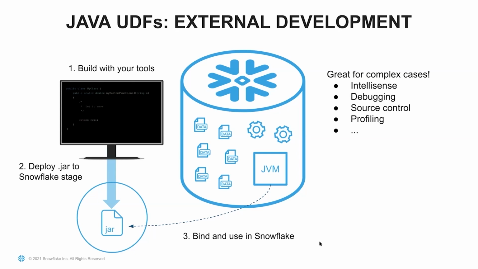We don't have those in Snowflake, at least not yet, but all these tools do exist out there and you want to be able to leverage those. But it's sort of overkill for simple cases, right? If I just have some little bit of code, I have to go through all of these steps where I use an external tool to write it, compile it, jar it up, put it on a stage and then bind it so I can use it.